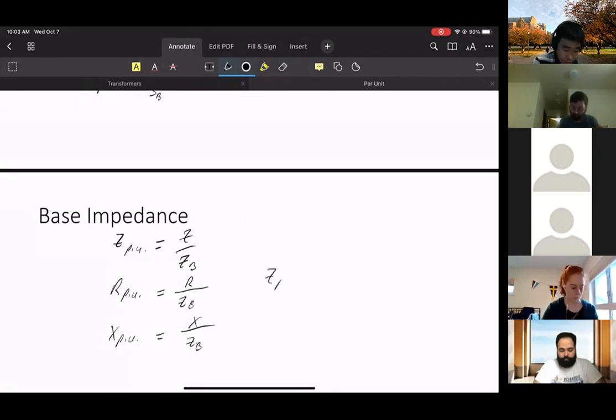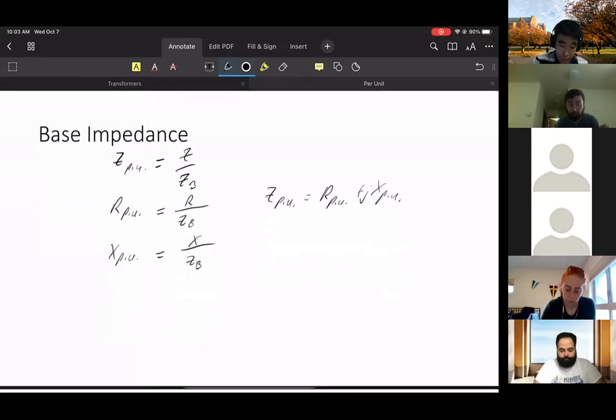All right, and the per unit impedance is just R per unit plus jX per unit. All right, and we talk about admittance as simply 1 over the base impedance.